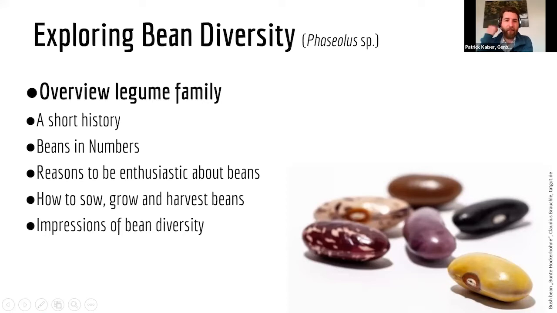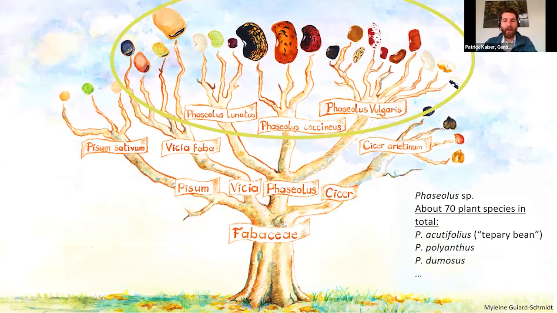Okay. Exactly, then coming to the first point, the overview of legume families, I was happy to find this nice drawing from our European-wide initiative Logomai, from Do-It-Yourself Seeds, where at least a lot of the groups are shown, not all of them, but major parts.